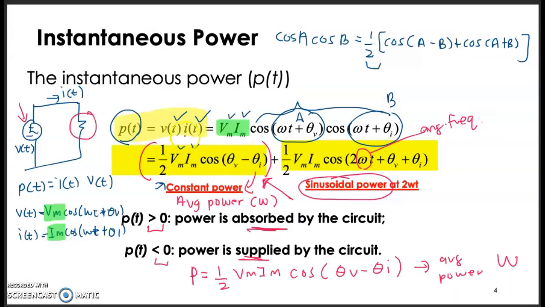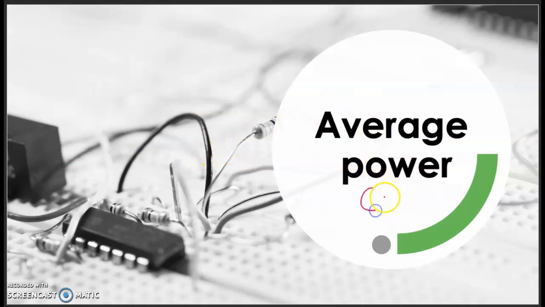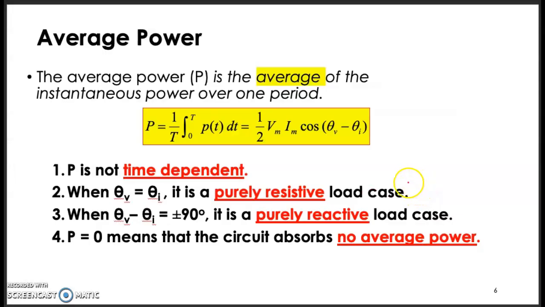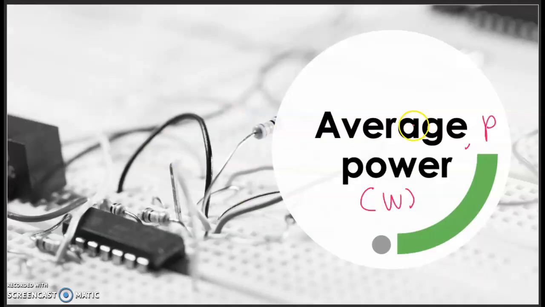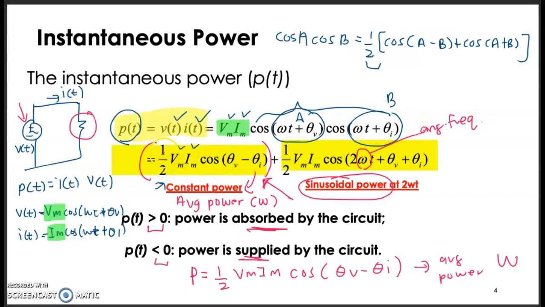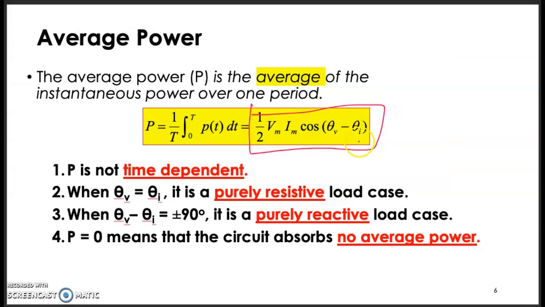From this equation, you know that the front part is the average power, denoted by P, and the unit is watt. So what is actually average power? The formula is the same as what you got just now: the constant half Vm Im cosine of theta V minus theta I. Average power is the average of the instantaneous power over one period.